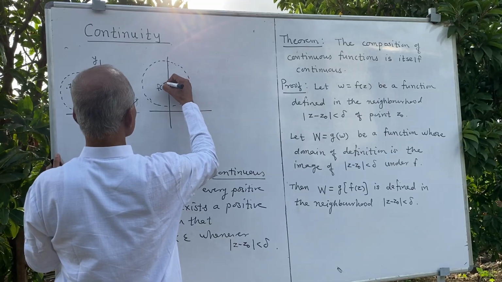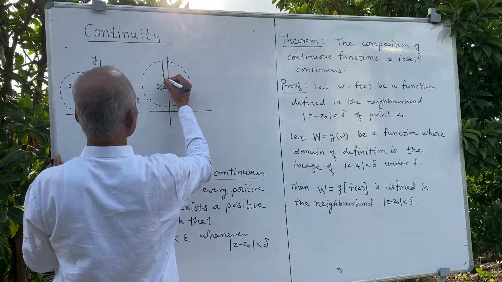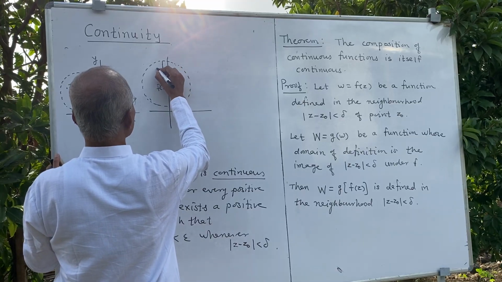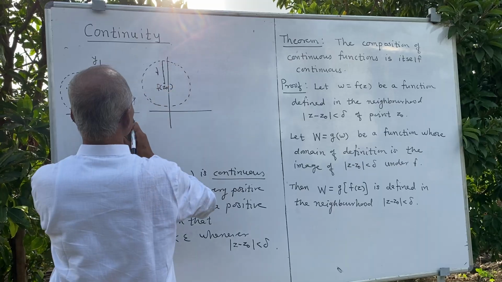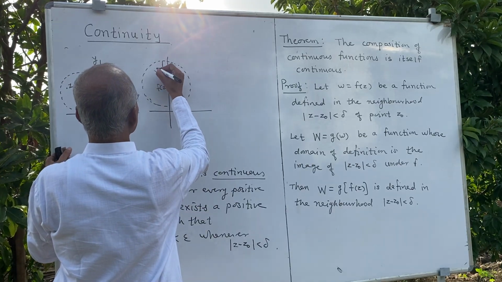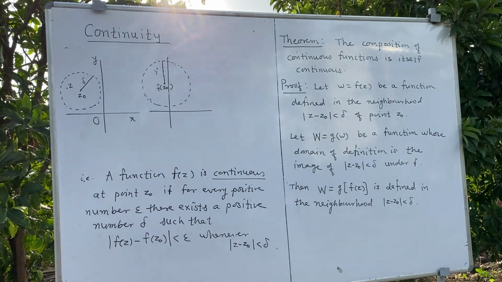This is the radius of this neighborhood, and we shall denote it by gamma instead of delta. A point f of z will lie inside this neighborhood.